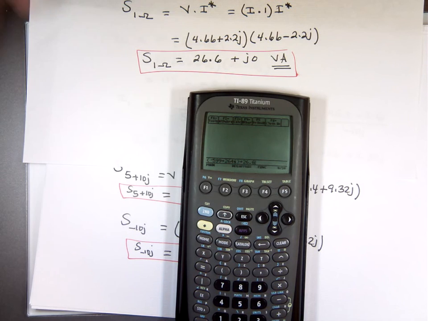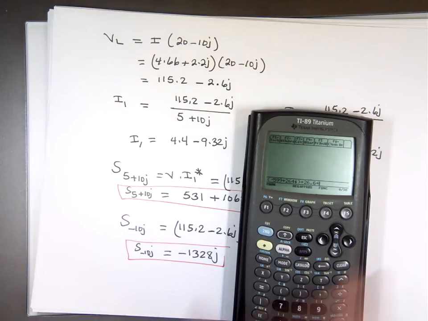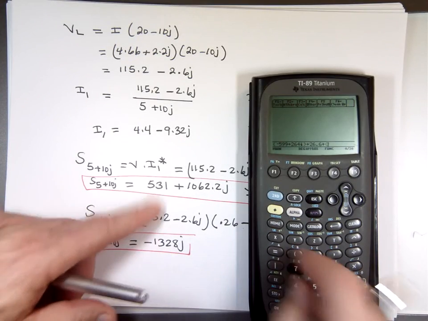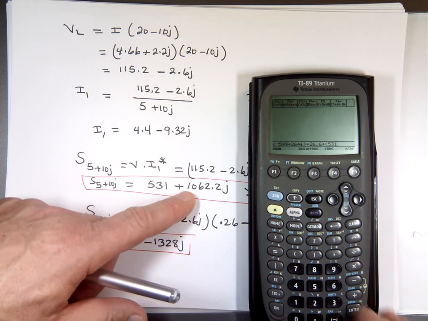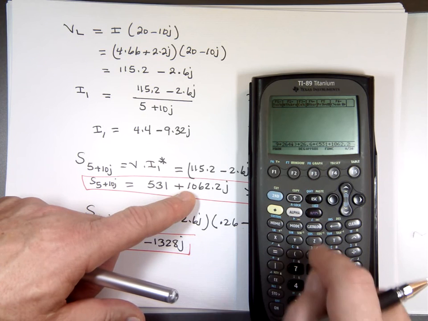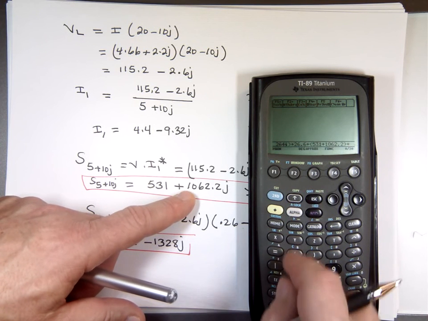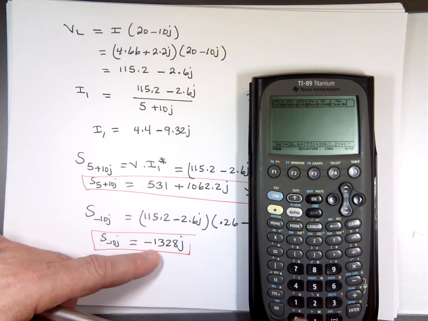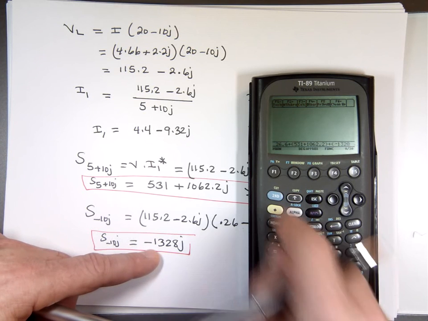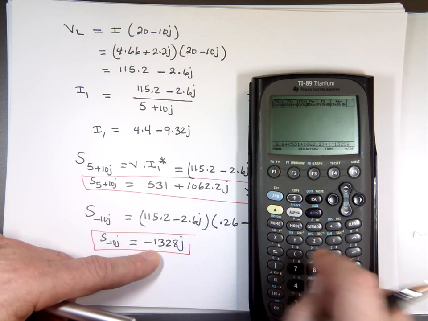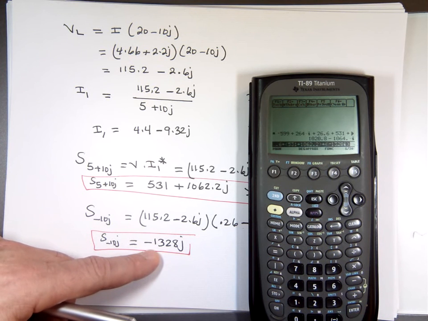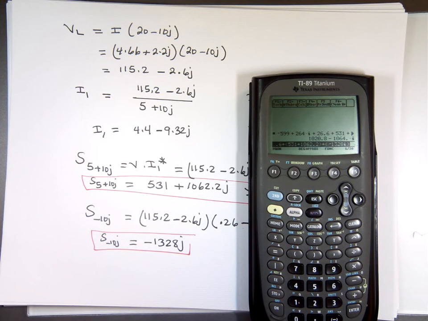Plus the next one, parentheses, 531 plus 1062.2j, plus parentheses negative 1328j.